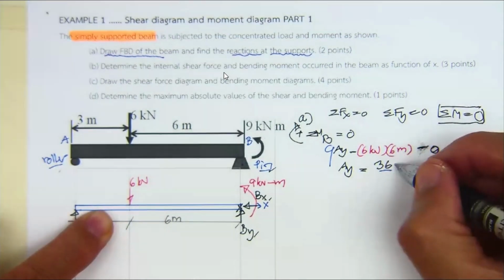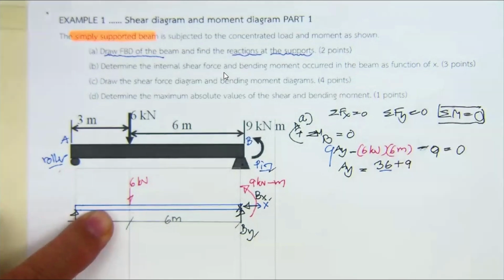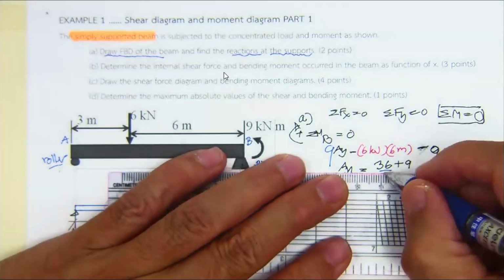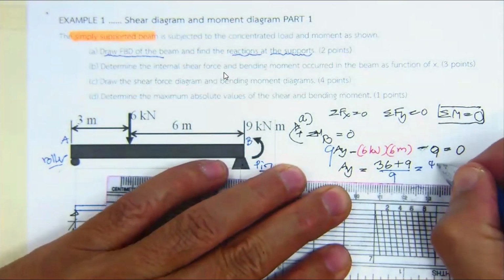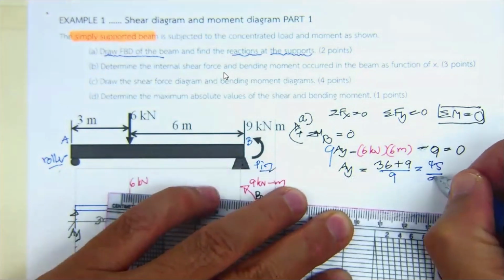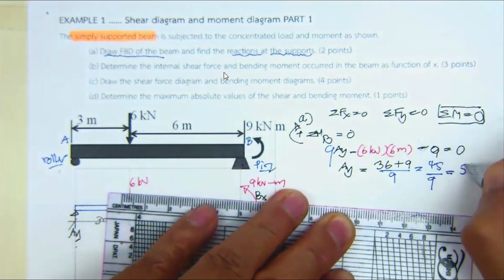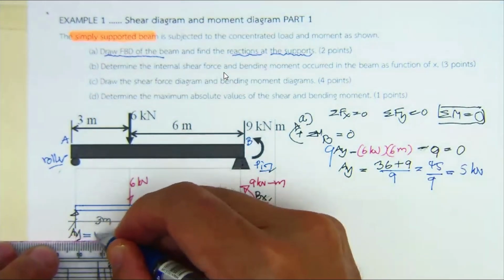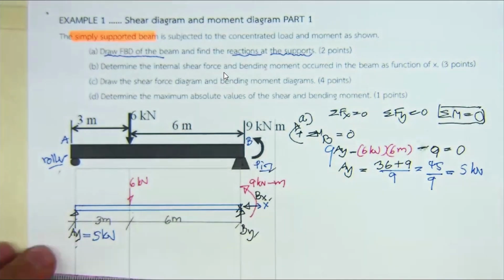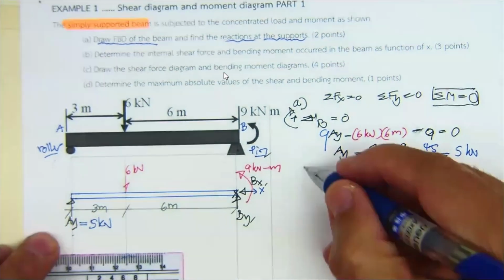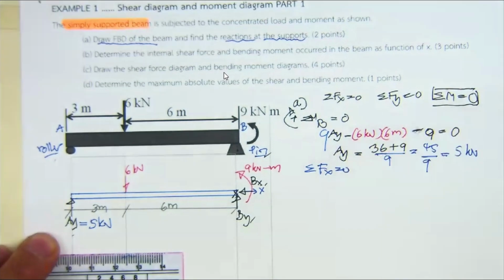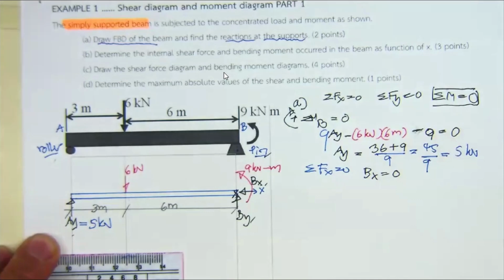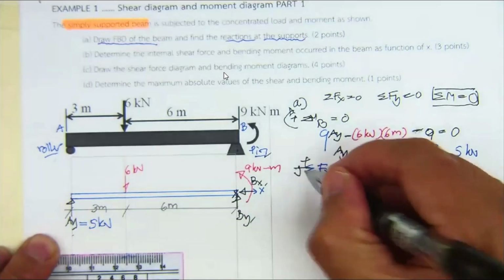So A sub y is going to be 36 plus 9, and then divided by 9. So it's going to be equal to 45 divided by 9. That's going to be 5 kilonewton. So you have A sub y equal to 5 kilonewton. Then you have summation of F sub x equal to 0. You can see you will have B sub x equal to 0, even though you set this one positive.